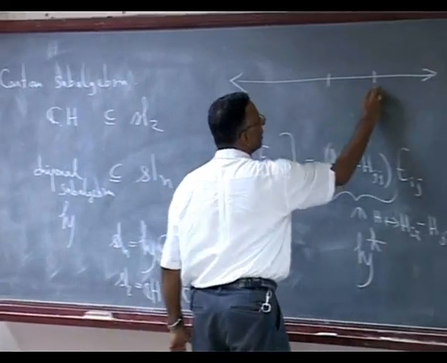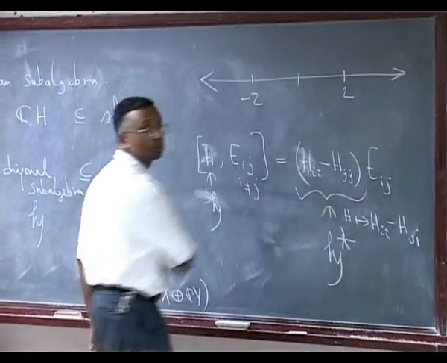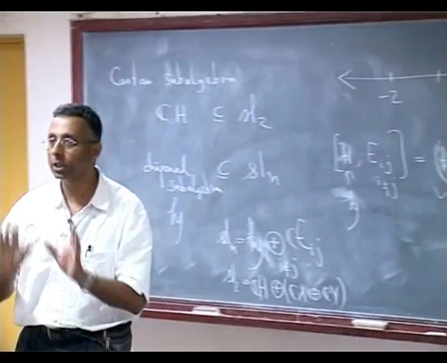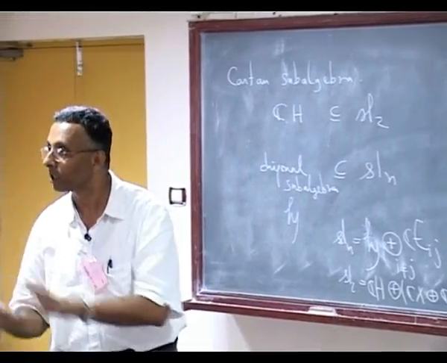So that's 2 here and minus 2. You saw this in the morning: this was a root system of type A1.